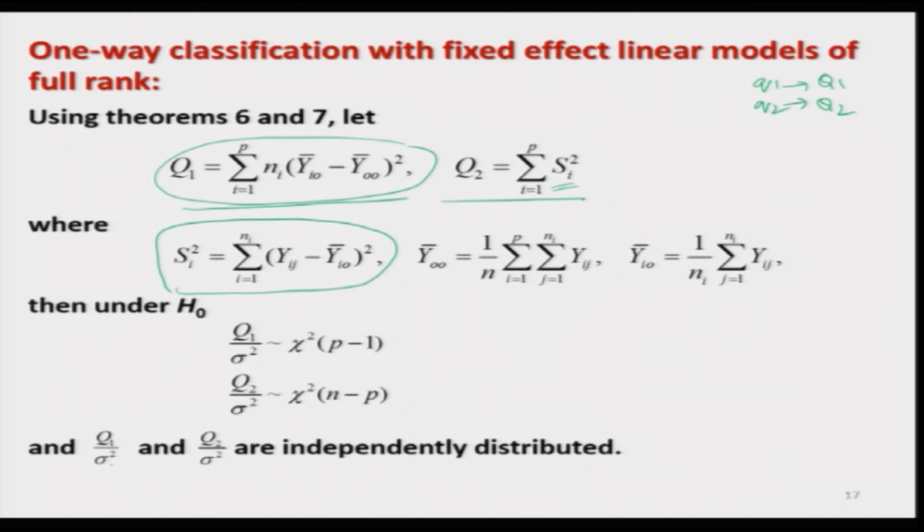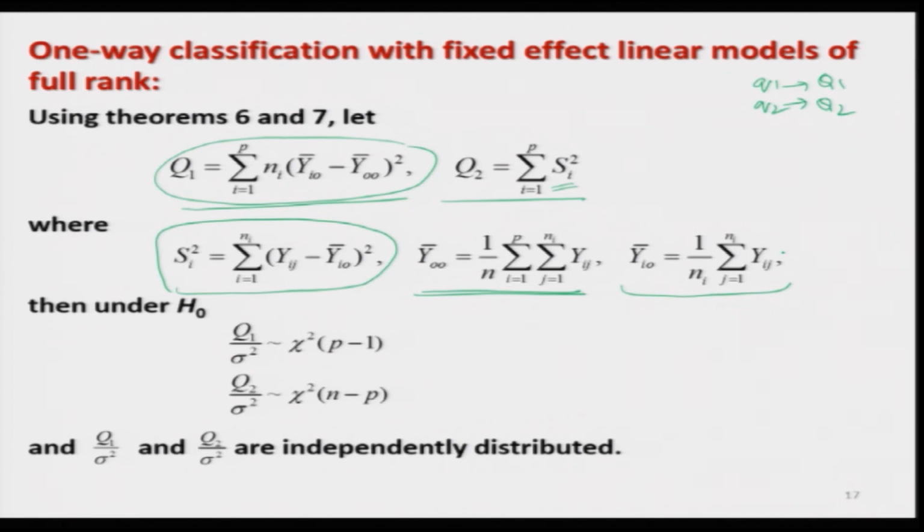Here capital Y bar double naught is equal to 1 upon n summation i from 1 to p, j from 1 to n i of y i j, which is the mean of all the observations. Similarly, y bar i naught is 1 upon n i summation j from 1 to n i of y i j, which indicates the mean of the samples obtained from the ith population.